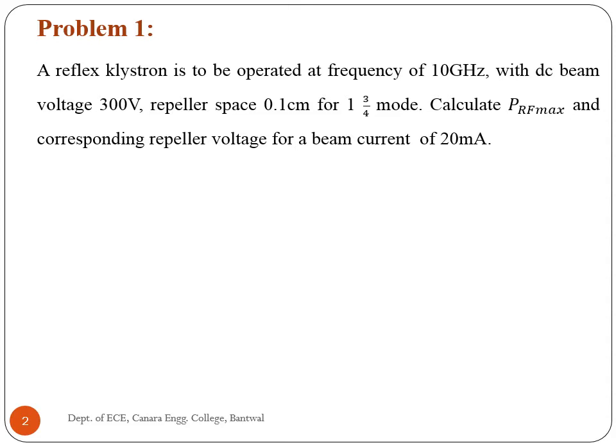Calculate maximum RF power and corresponding repeller voltage for a beam current of 20 milliamperes. Firstly, we will write given parameter values. DC beam voltage, notation V0, is equal to 300 volts. Beam current is notation I0, 20 milliamperes.